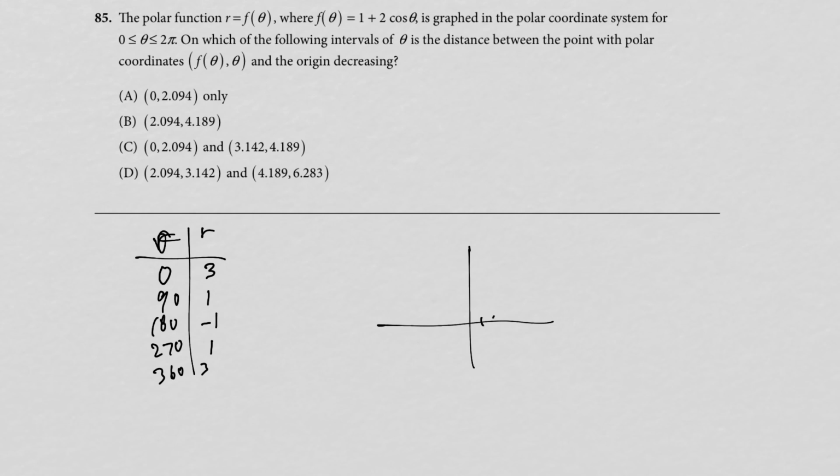So 0, 3 is out here. 90 is up here. 180 is in this direction, but negative 1 is there. 270 is 1. Now, with these 4 points, it's good to know that this shape is, first of all, 1 plus 2 cosine theta; if I did 1 plus 2 cosine x, it would be something like that.